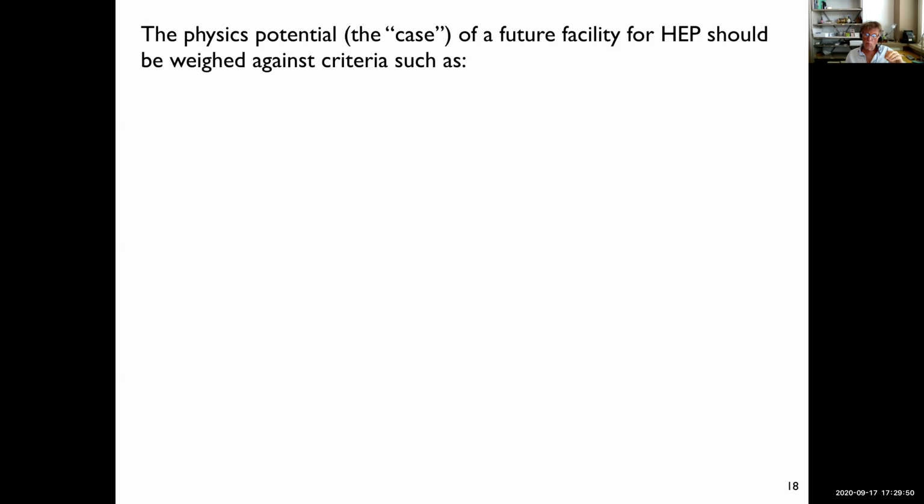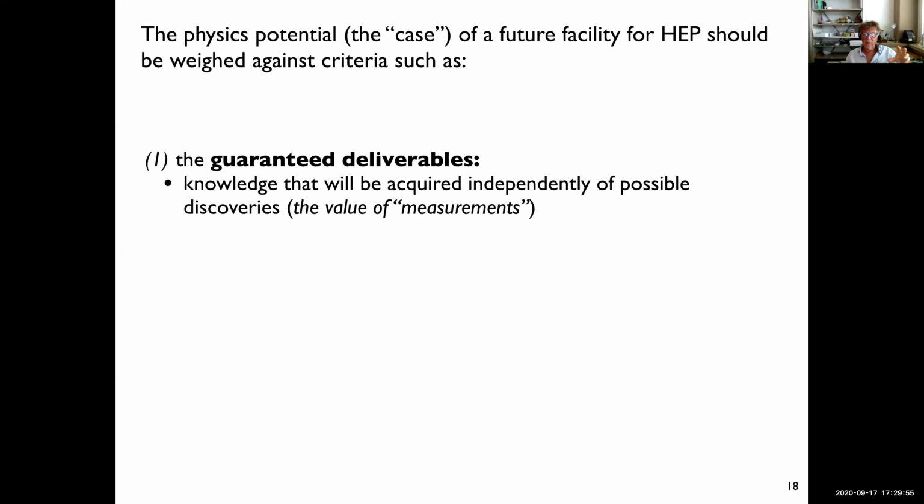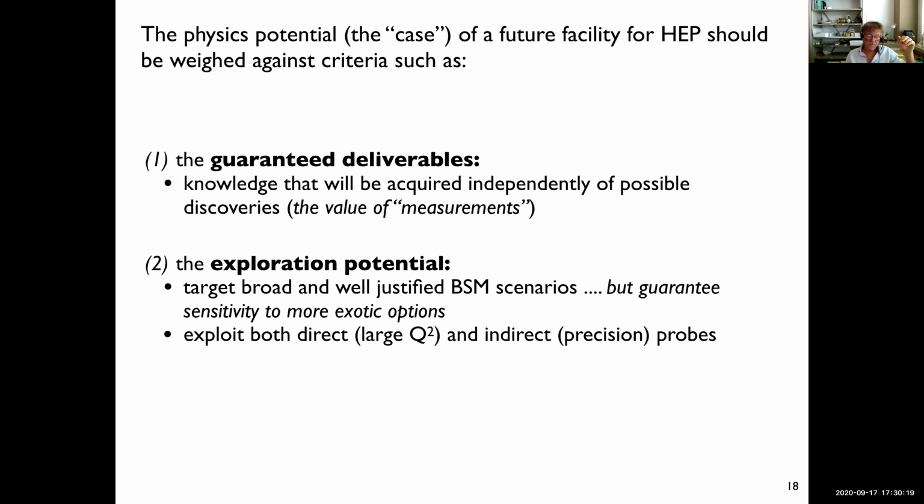What we can do, however, is to weigh criteria such as guaranteed deliverables, namely, what will I learn from this new facility, no matter what? What progress will this facility guarantee? This is knowledge that will be acquired independently of possible discoveries, and it's all related to the ability of performing concrete measurements.